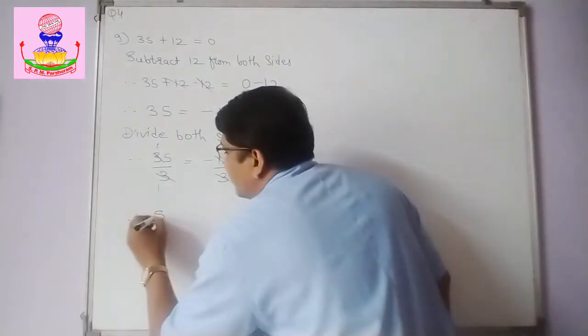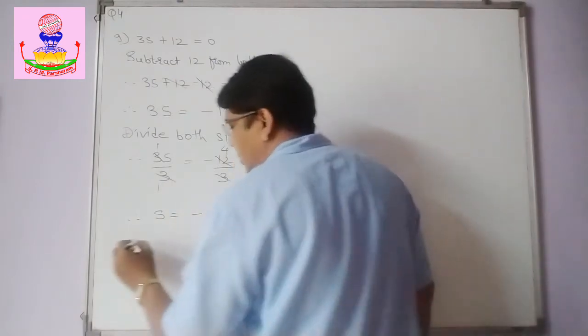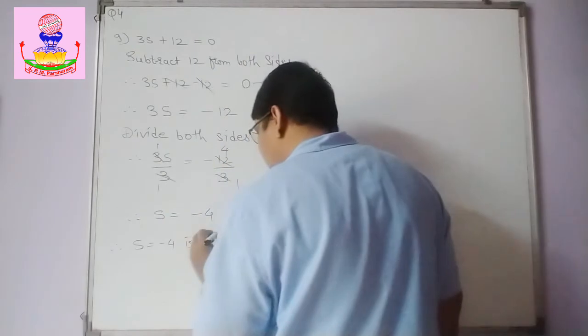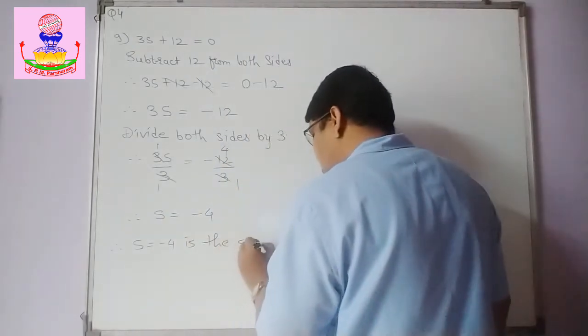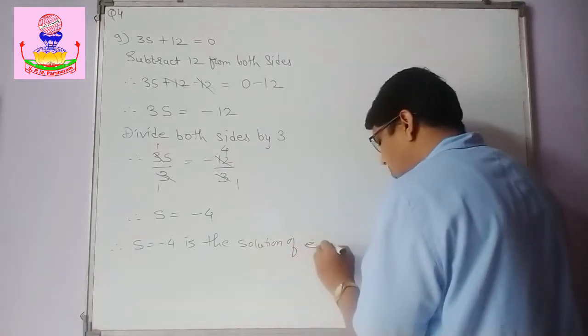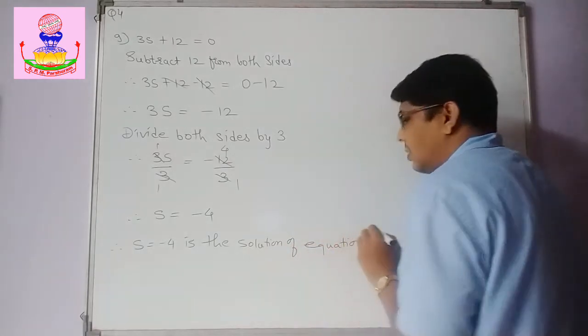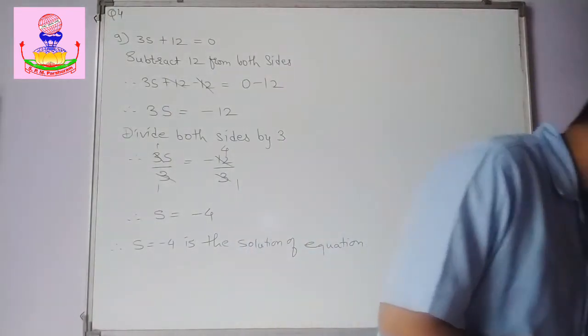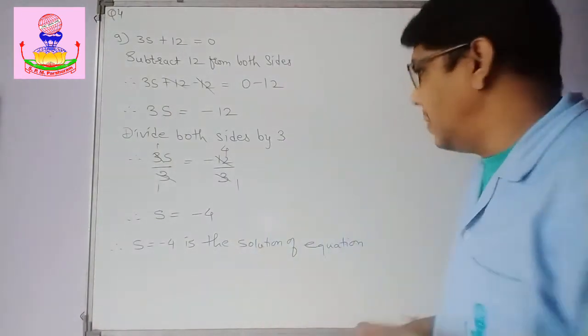Okay, so s is equal to minus 4. Therefore s is equal to minus 4 is the solution of equation. Okay, I feel you have understood. Now let's go for one more example.